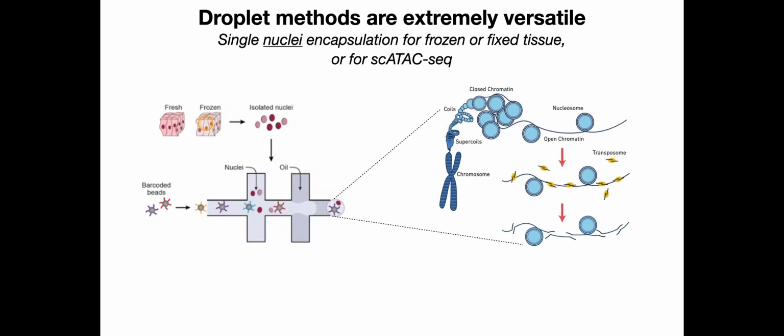And certainly if the tissue is frozen or if it's formalin fixed and paraffin embedded, it can be impossible to get intact cells out. But you can always disaggregate the tissue and get out nuclei, and those nuclei can be encapsulated just as we already saw for intact cells. Now, because these are nuclei, we can actually include in our master mix transposase that can cut open regions of chromatin and carry out a TAC-seq at single cell resolution.